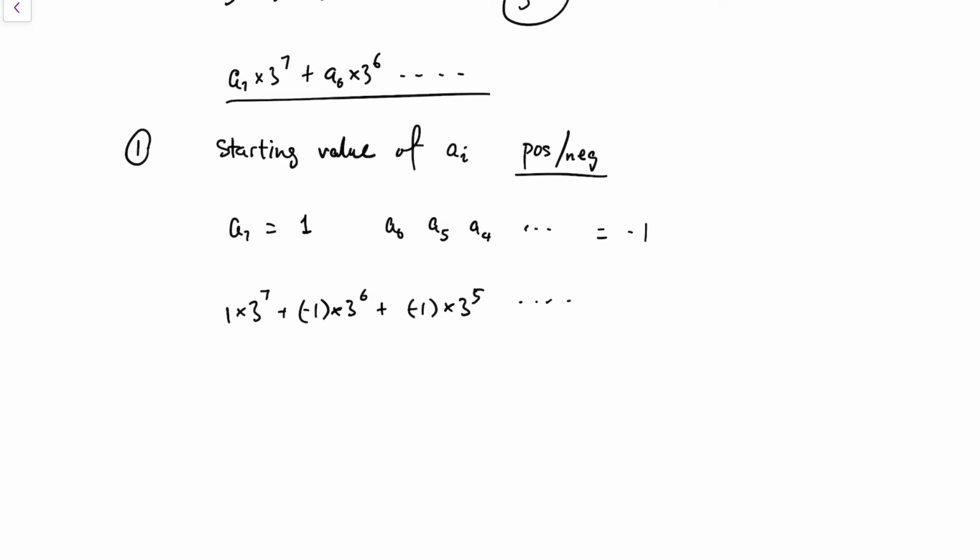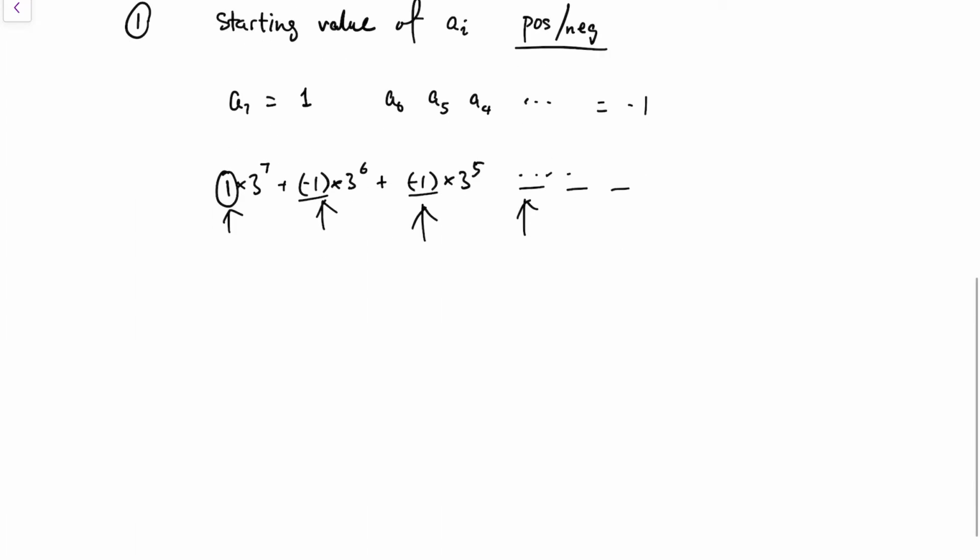This would yield a positive value, despite the fact that only one of these is 1 and all the coefficients following are negative. So this one's positive, but the ones following are negative. How do we prove that?